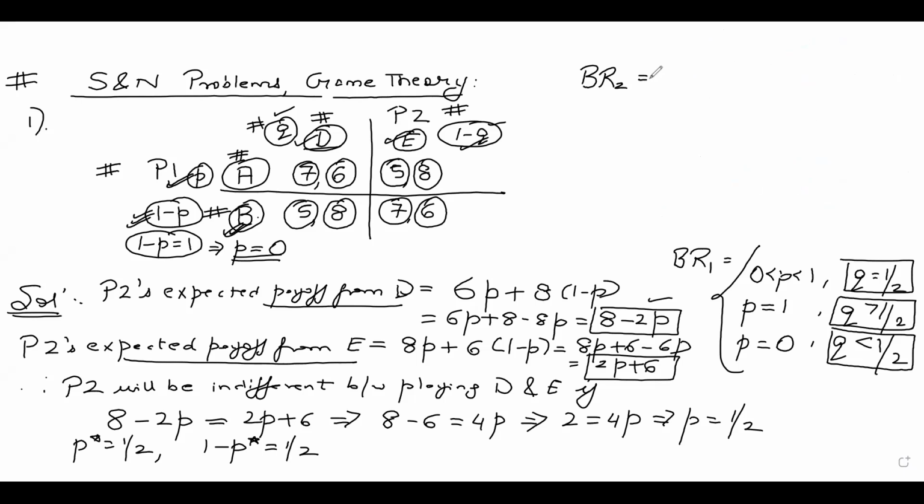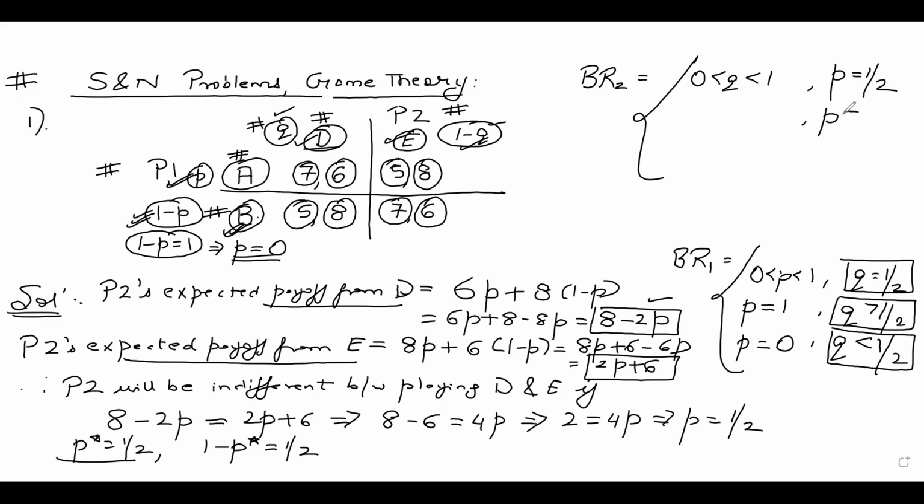So what will be our BR2, guys? You can clearly see that when P is equal to half, then player 2 is indifferent between playing D and E. That means Q lies between 0 and 1, because with some probability, player 2 is going to play D, and with some probability, player 2 is going to play E, right?